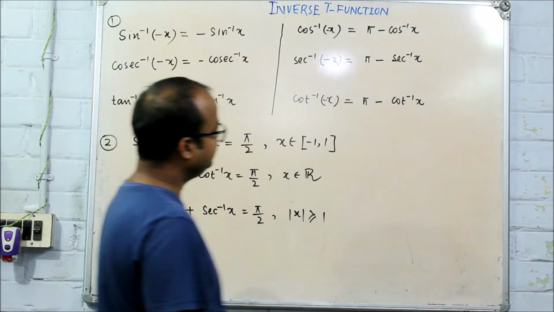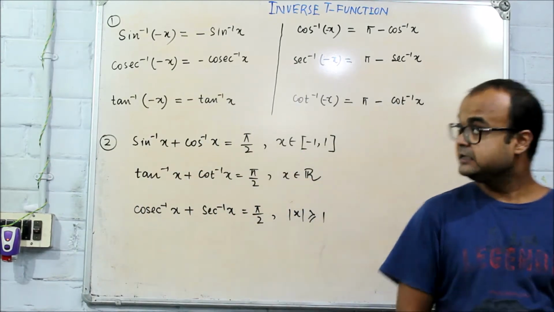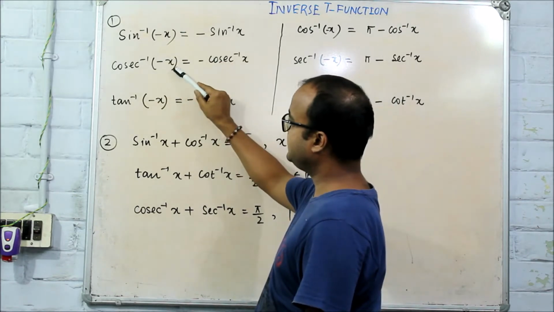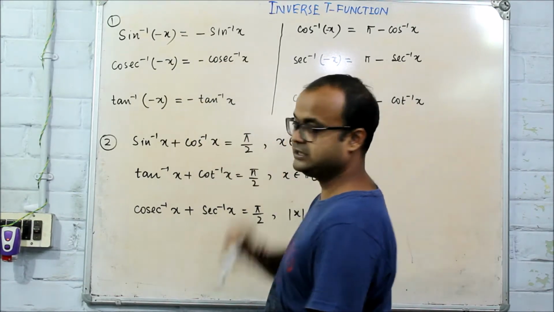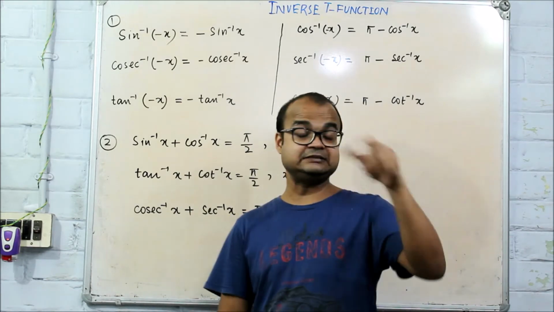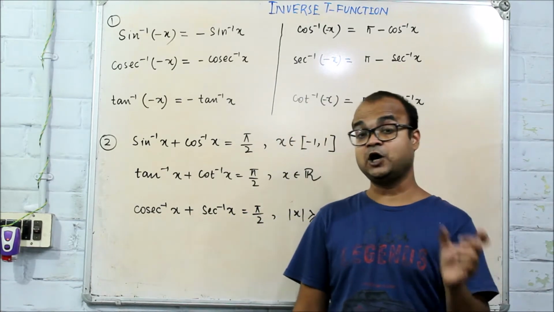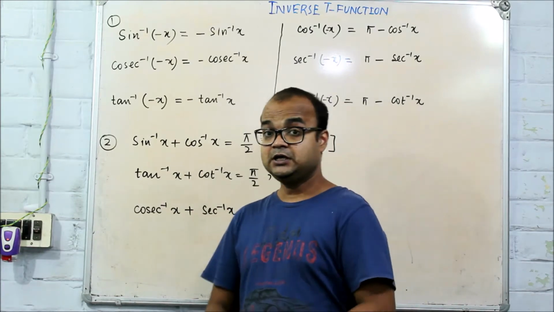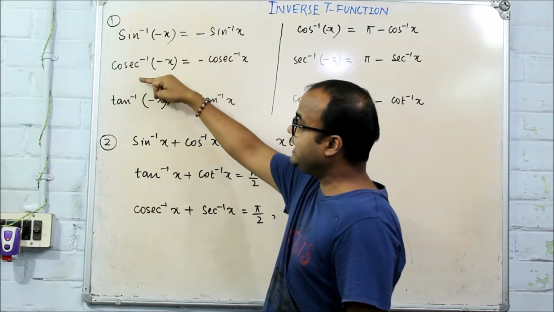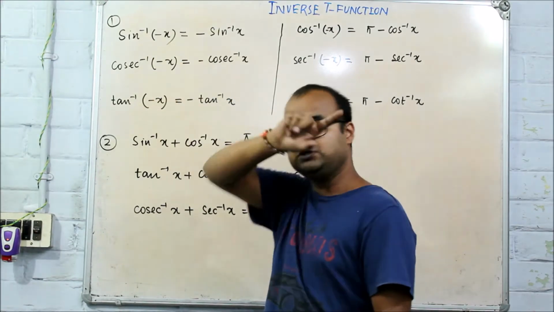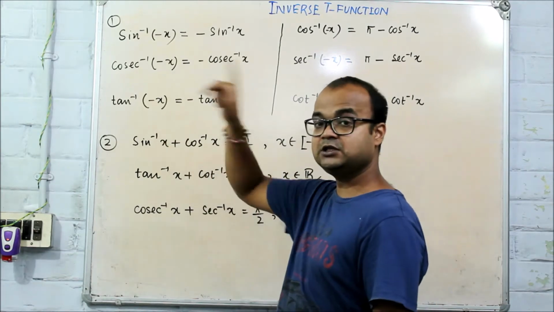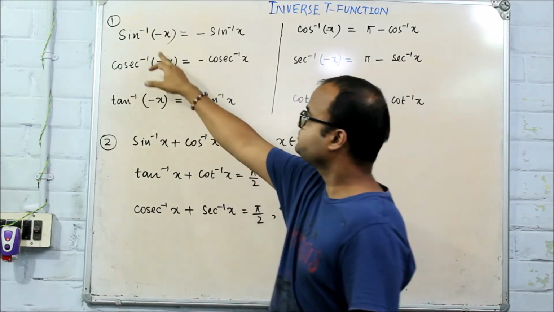So the first set of formulas is sine inverse of minus x, cosec inverse of minus x and tan inverse of minus x. If you remember part 2, I gave you tricks to remember these formulas. In range, I form a triplet of these three only: sine inverse, cosec inverse, tan inverse, because what is the range?